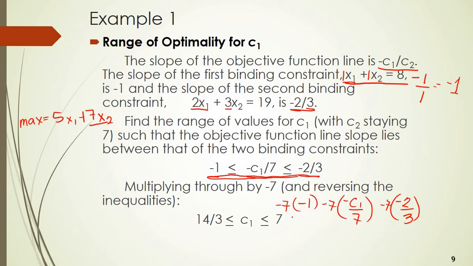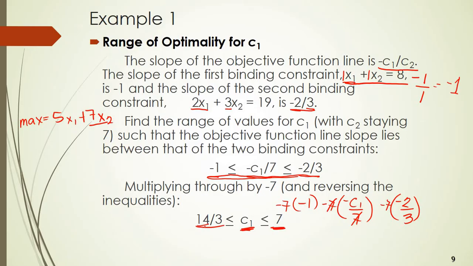So negative 7 times negative 1 will come up with 7, which is here. Negative times negative would be positive. And since we are able to cancel 7 here, positive C₁ is already here. And then negative 7 times negative 2 is 14 here, all over 3.